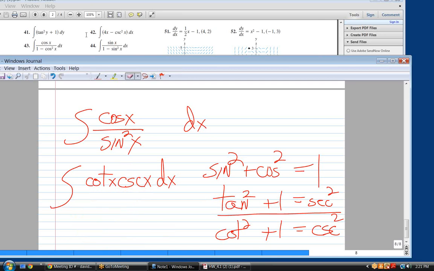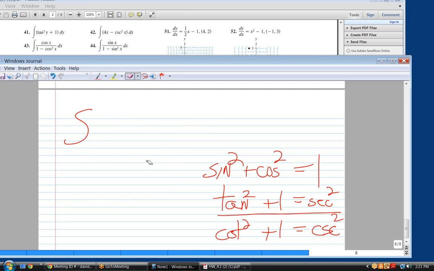In this part of the chapter, we know that they're going to be relatively easy. In other words, if we know our derivatives of our 6 primary trig functions, we should be able to get all of these by just massaging them like we're doing here.